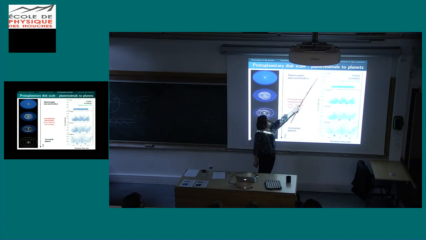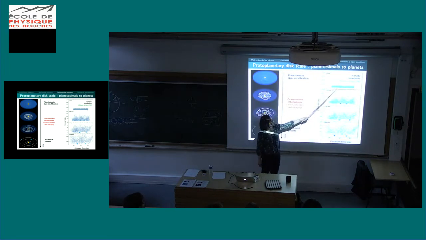Basically those graphs go from time 0 to 10,000 years. Time is going that way. The y-axis is the eccentricity of the orbits, and the x-axis is the distance from the sun.